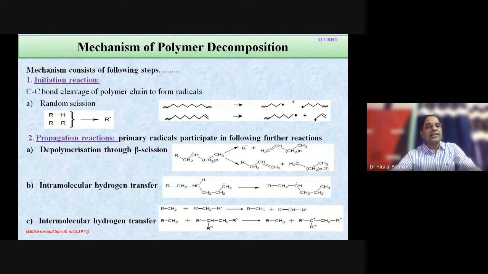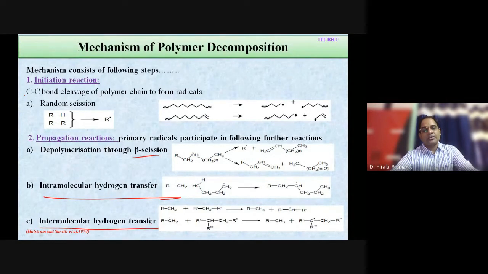What is the mechanism? First is the chain initiation reaction. If you have this polymer, it will form free radicals, and these free radicals will, in the second stage, during the propagation reaction, go through various reactions: depolymerization through beta scission, then intramolecular hydrogen transfer or intermolecular hydrogen transfer, right?